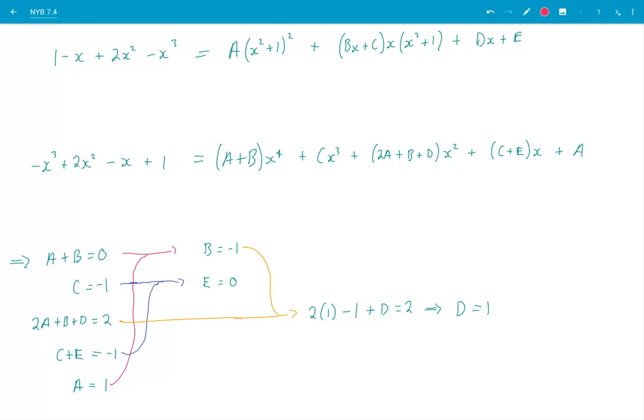Likewise, if I put the second and fourth equation, that's my blue curves, put those two together, I can find E. And once I have B and E, I can use the middle equation to find D.